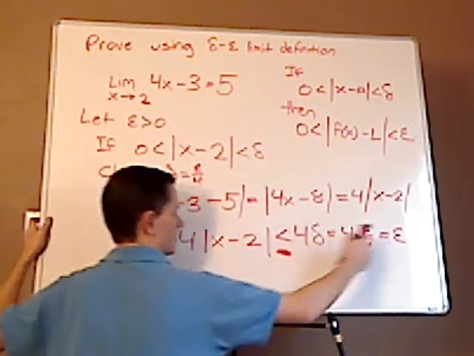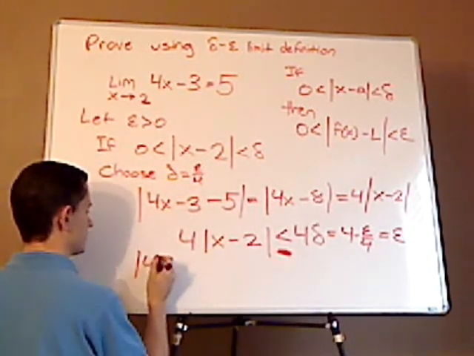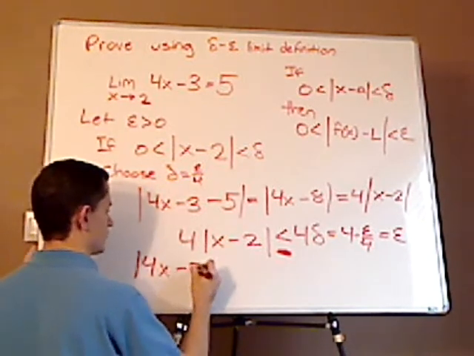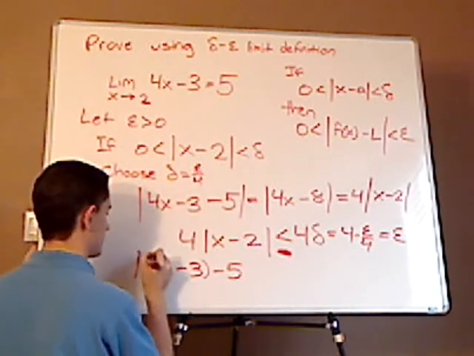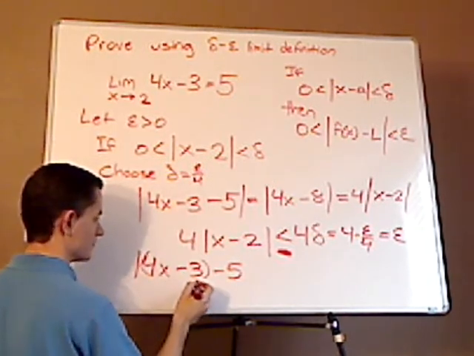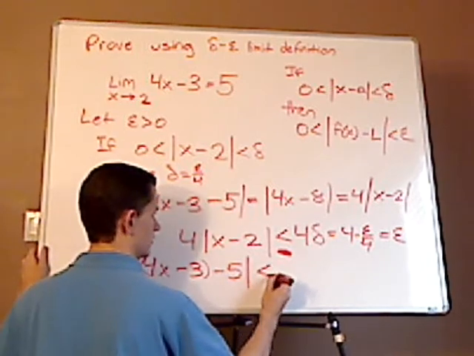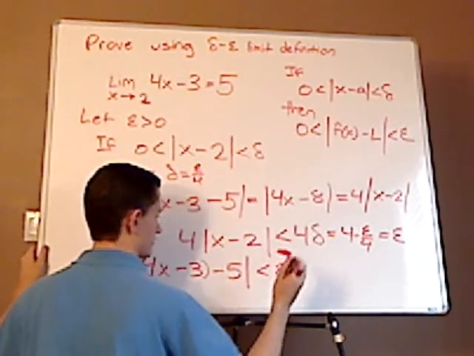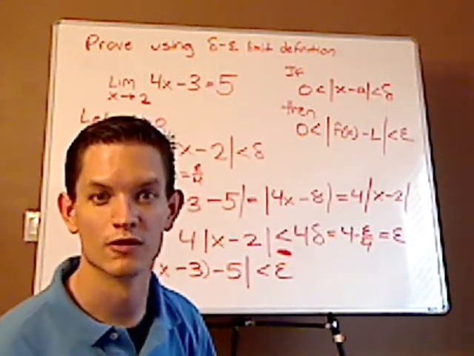This is less than epsilon. So let me write this. 4x minus 3 minus 5. Let me put parentheses around that so you know the difference between the f of x and the limit. Absolute value less than epsilon. So it would be the limit, and therefore it's true. And that's it.